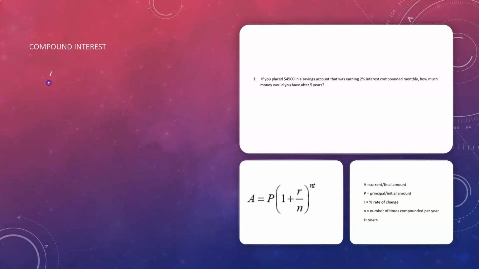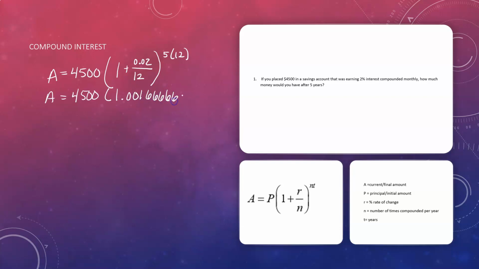Okay, so I have A equals $4,500 times 1 plus the 2% divided by 12, because that's 12 times compounded, to the 5 times 12. So let's go inside those parentheses first. I'm going to take 2/10 times 12 plus 1, which will give me this lovely number, and then 5 times 12 is 60. So now you're going to want to take this to the 60th power.